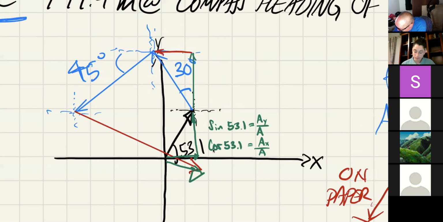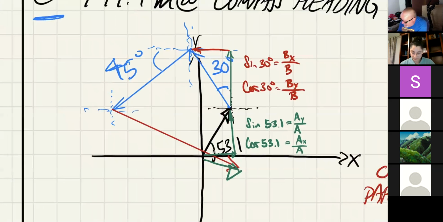Plus, I can see that the sine of 30 degrees is equal to opposite, which is B sub x, over hypotenuse, which is just B, and cosine 30 degrees is equal to adjacent over hypotenuse, so that should be B sub y over B. Now I can look over here.